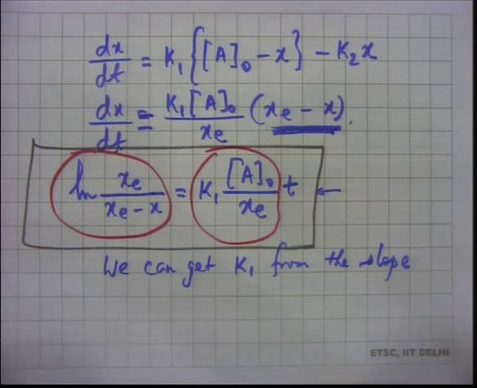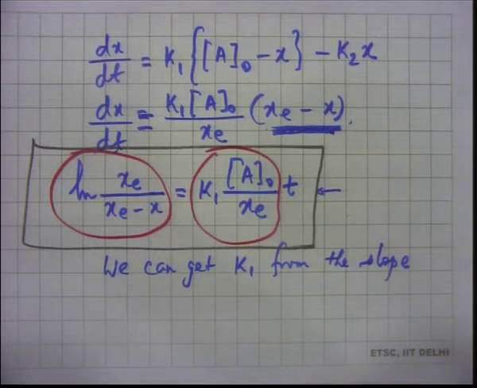What's the other way of thinking about it? The other way of thinking about it is that you already know k1 and you have from some source, maybe the value of Xe, maybe you measured it or somebody has told you something like that. Then this equation in the box will give you x as a function of time. So it will give you concentration of B as a function of time. So that was one of our objectives.